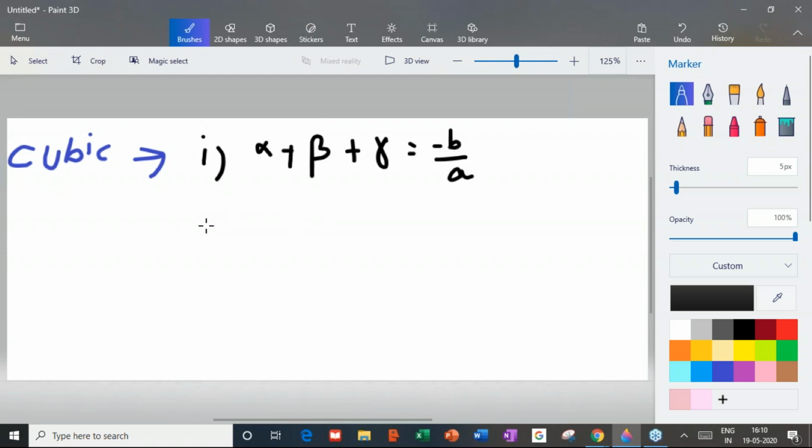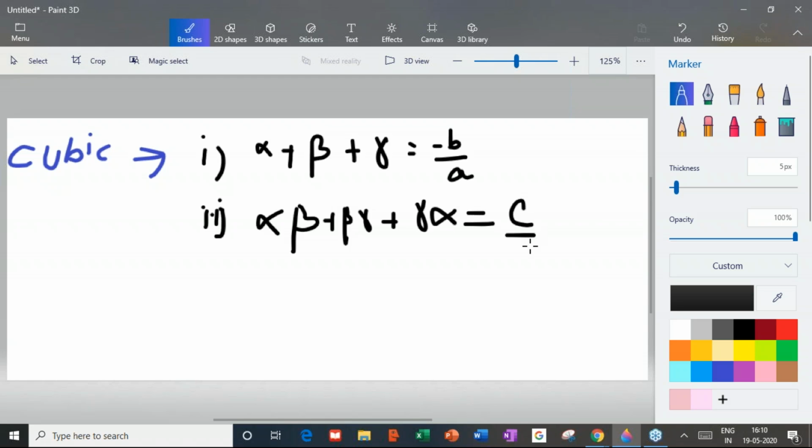Second one is the sum of products of zeros, alpha beta plus beta gamma plus gamma alpha, which is c by a. And the third one is alpha beta gamma is equal to d by a. If I'm not mistaken, it should be minus d by a. Okay, so you can make a note of this.